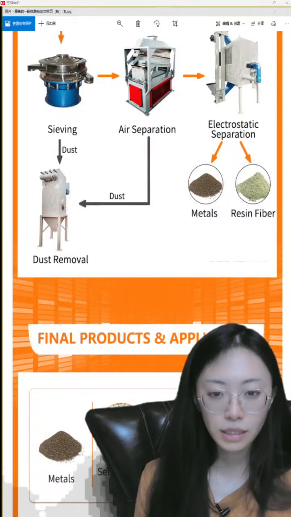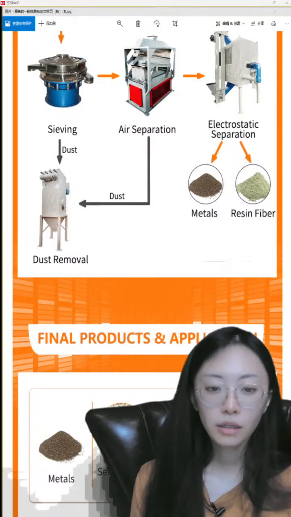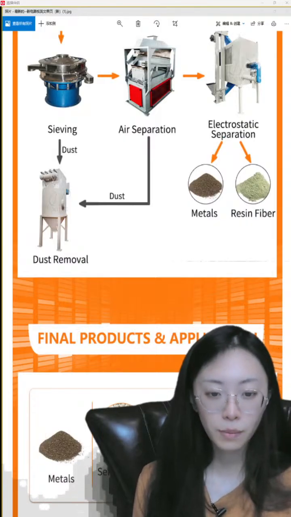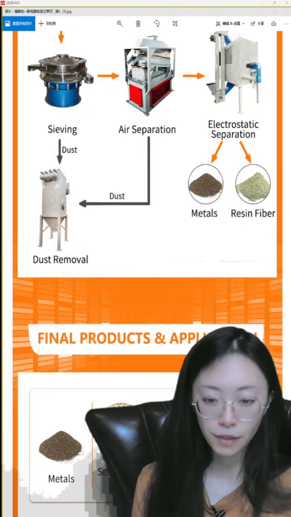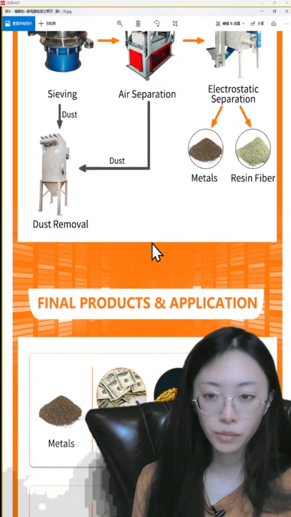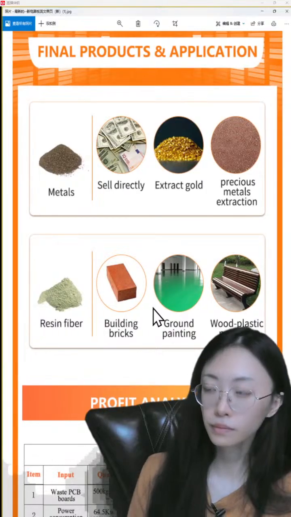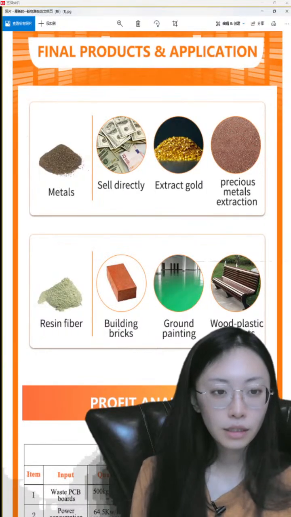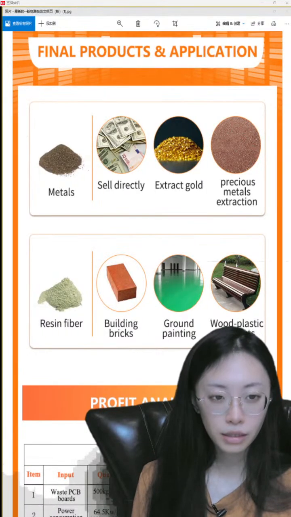And the only dust we have is on the surface, because they are scrap boards, so they may have some dust. So we use the dust removal machine. And these are the different final products from the circuit board.